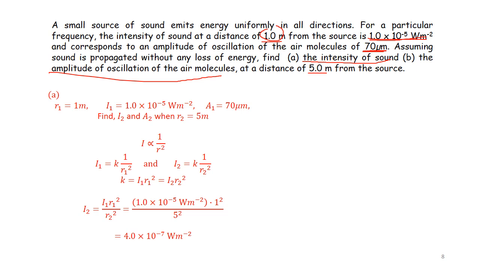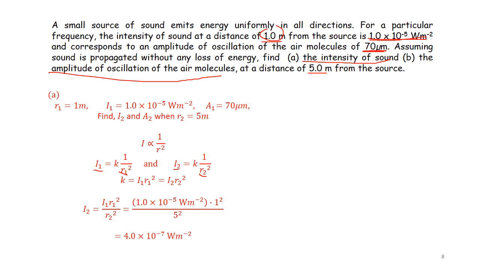I'll represent it as k here. In the first case, I1 is given, and R1 is given. In the other case, I2 is not given and R2 is given. We have to look for I2. And because they are the same medium, just equate them. That means the parameters are constant.